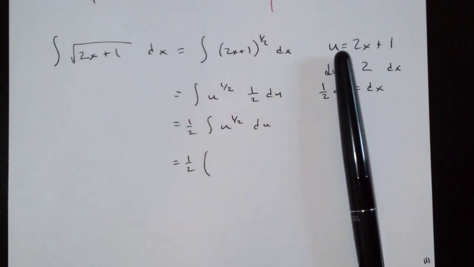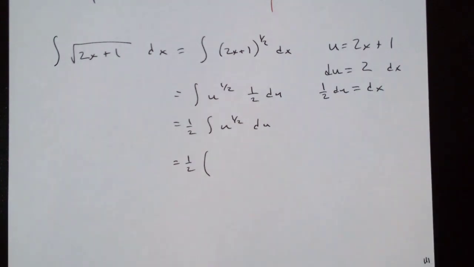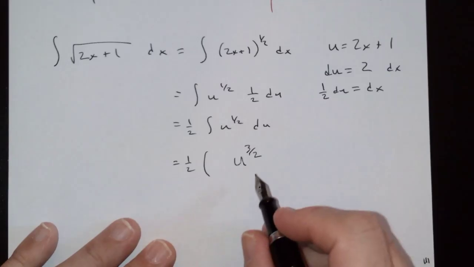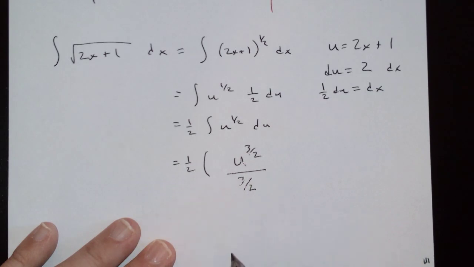What's my correct antiderivative here? Almost. Well, if I have u to the 3 over 2, where's that 3 on 2 go? It goes on the bottom.